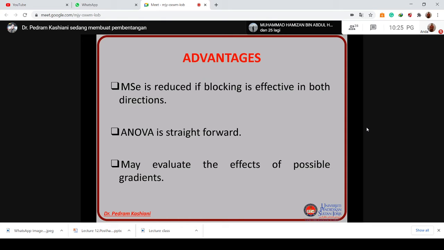In RCBD, I can talk about the treatment and that variation I block with. For example, if this is blocking by fertility, I can talk about the treatment and also the fertility of my experimental area. In Latin square, you can talk about the treatment, the blocking by row, and the blocking by column. So you have more sources to talk about. So these are the possible advantages.